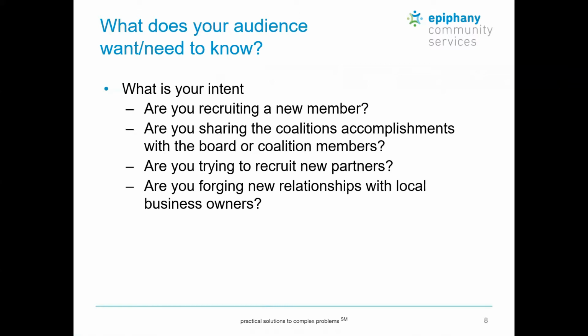Is this simply providing information to those who are already at the table so they know what's going on? Is this you trying to recruit a new partner? Are we trying to develop partnerships so we can host an event or an activity? Or is it maybe trying to forge a new relationship with local business owners, or a popular local parent who talks to all the youth or runs a youth group?